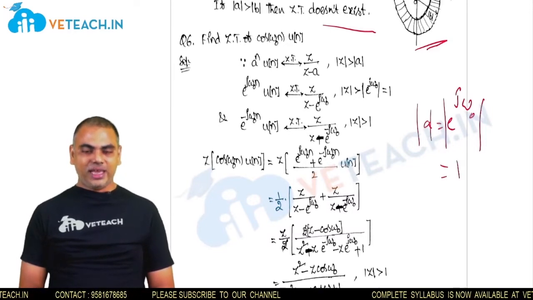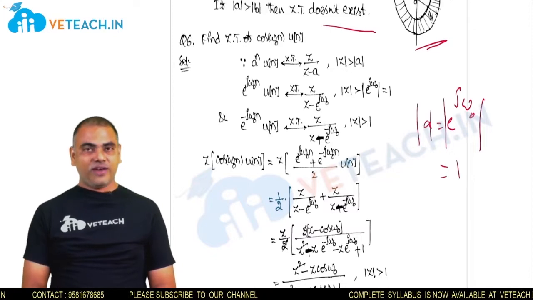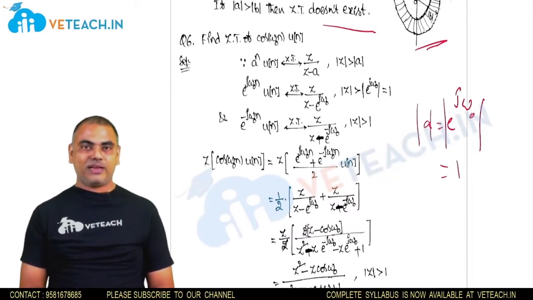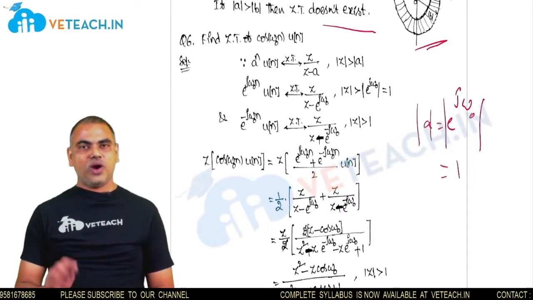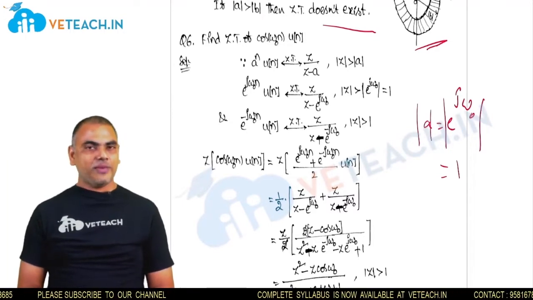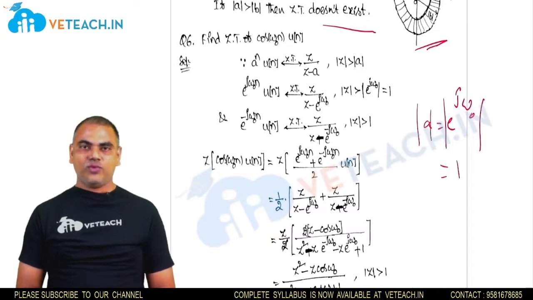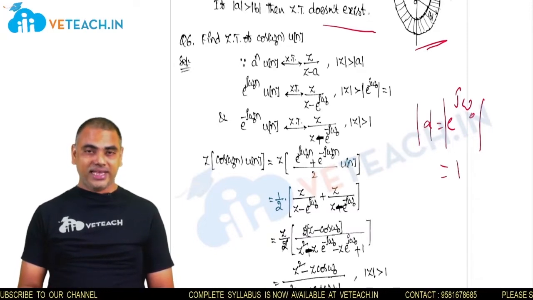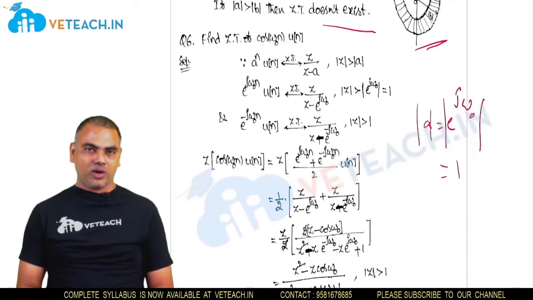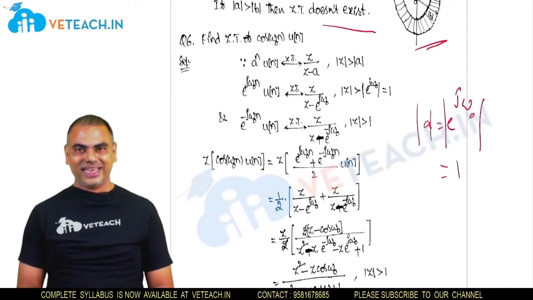So we can write e power j omega naught n u of n Z transform as z by z minus e power j omega naught with ROC mod z greater than 1. Similarly, e power minus j omega naught n u of n Z transform is z by z minus e power minus j omega naught with ROC mod z greater than 1.